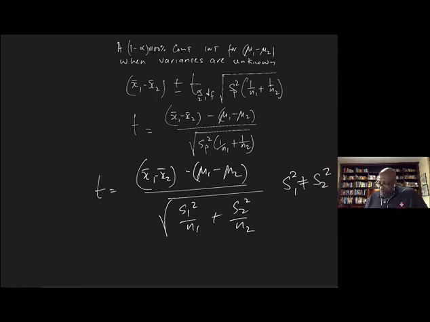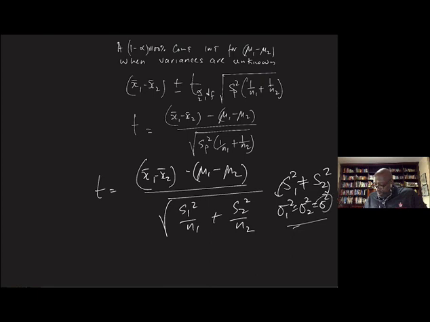But remember that we said sigma 1 squared is equal to sigma 2 squared is equal to sigma squared. In other words, they're the same. So how could I use two different values to estimate a single value? I cannot use S1 squared and S2 squared in the standard error calculation because they would more than likely be different.